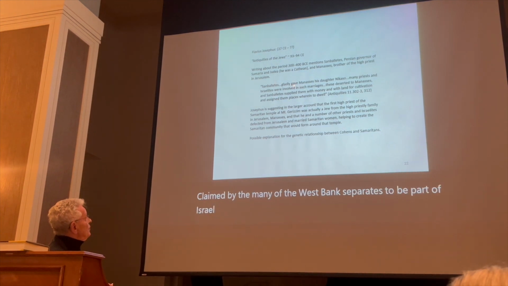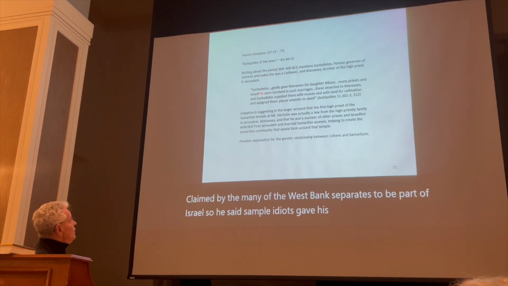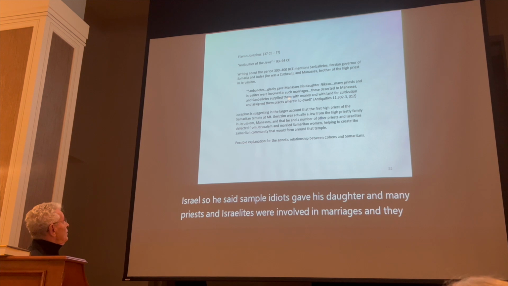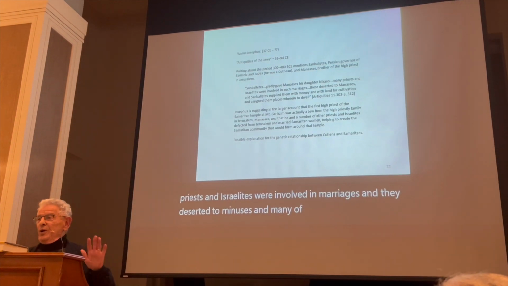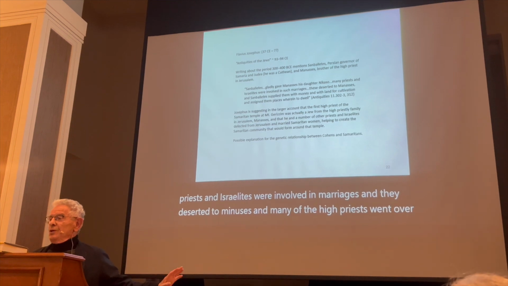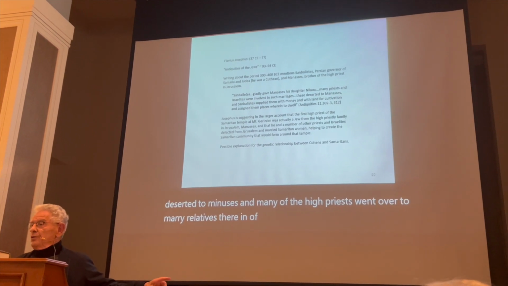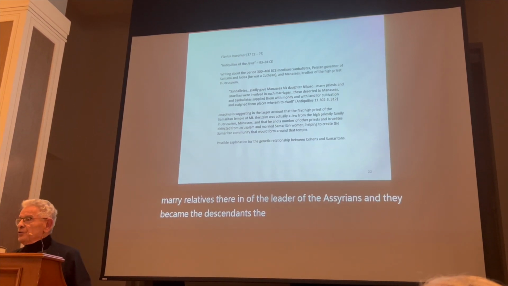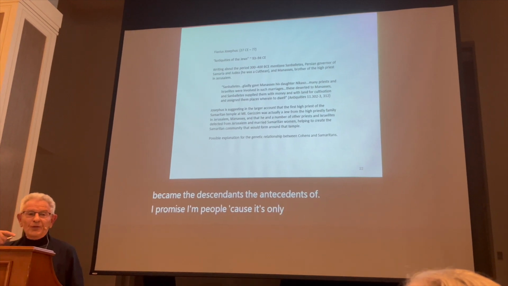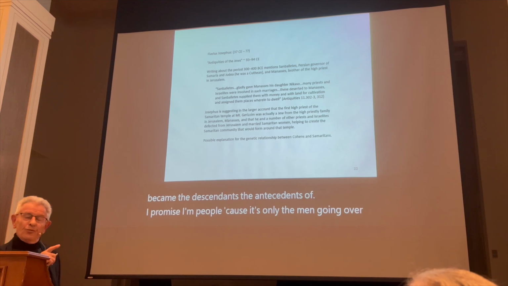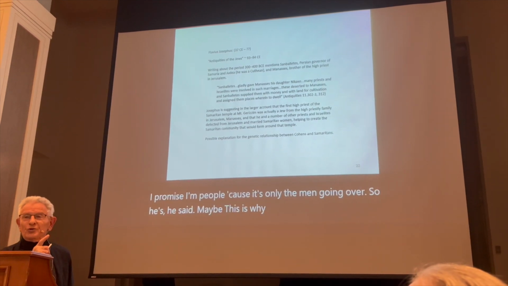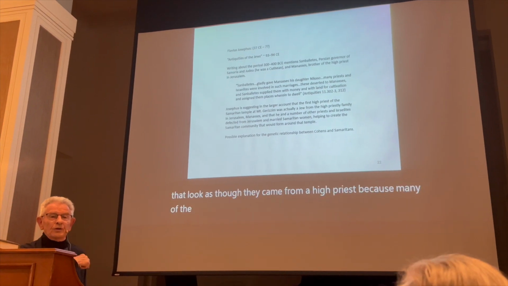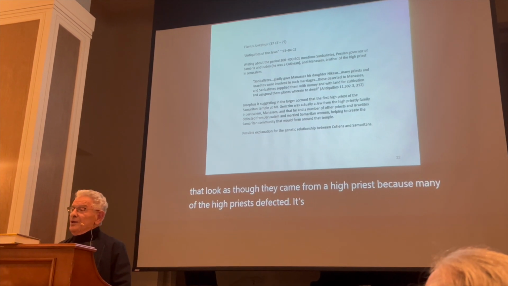So he said Sanballat gave his daughter, and many priests and Israelites were involved in marriages, and they deserted to Manasseh, and many of the high priests went over to marry relatives there of the leader of the Assyrians, and they became the antecedents of the Y chromosome people, because it's only the men going over. So he said maybe this is why we have the Y chromosomes that look as though they came from high priests, because many of the high priests defected. It's an idea. We can't prove that one way.